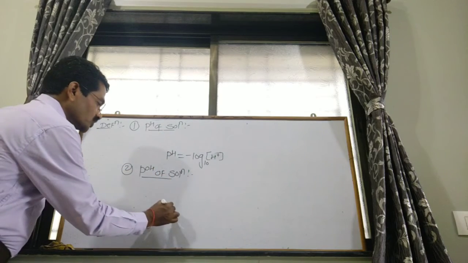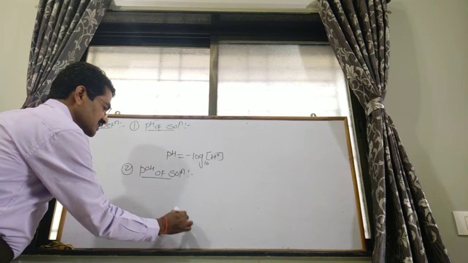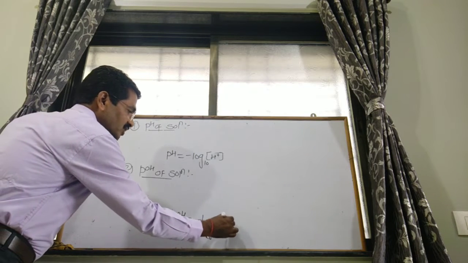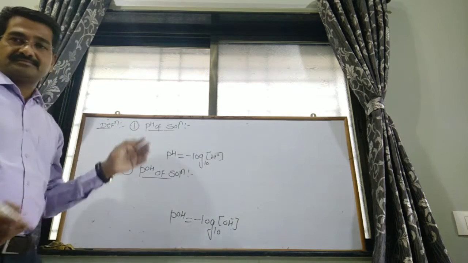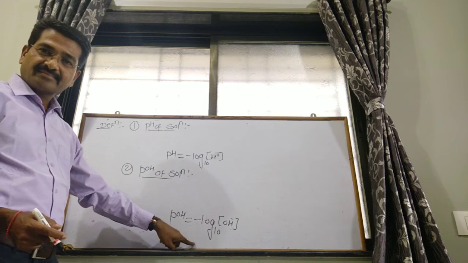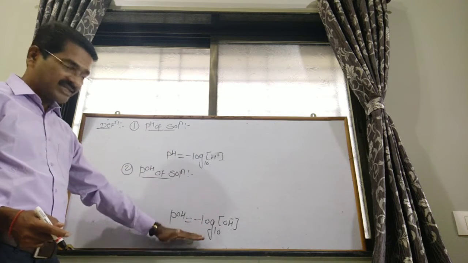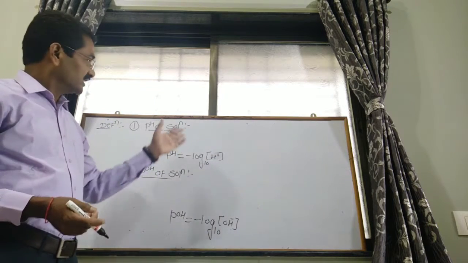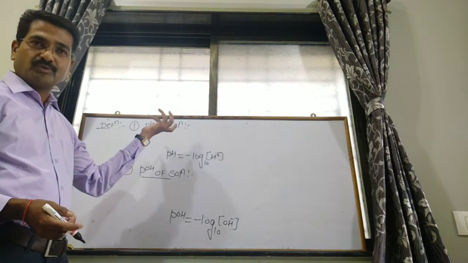Again, pOH of solution has the formula pOH is equal to negative logarithm to the base 10 of the concentration of hydroxyl ion. By using these two formulae of pH and pOH, we define the definitions of pH and pOH.